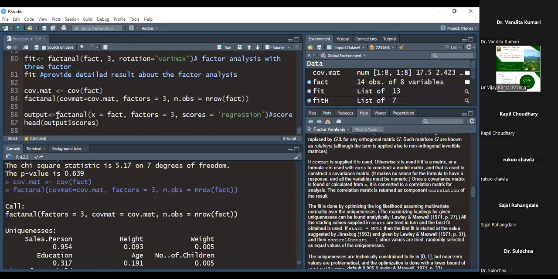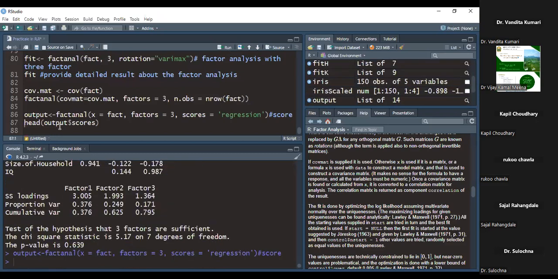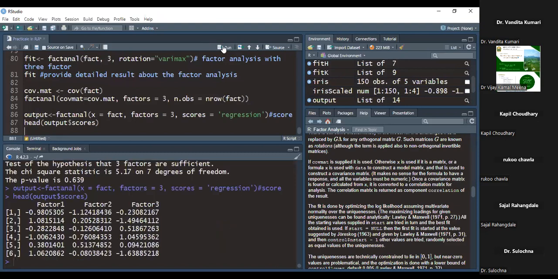Let's run this and see the output. Dollar scores will show only the scores, and we would like to see only the first 6 scores, so the head function. So these are the output, the scores of the factors.